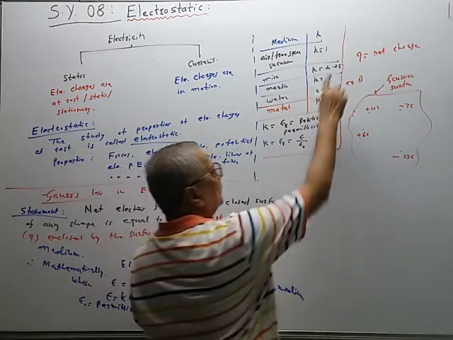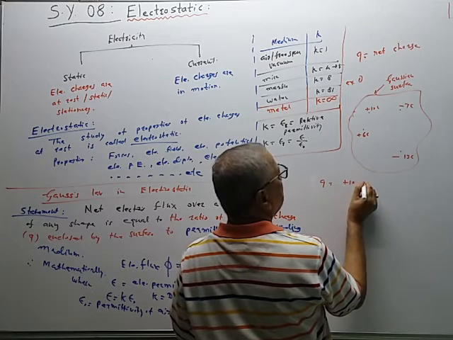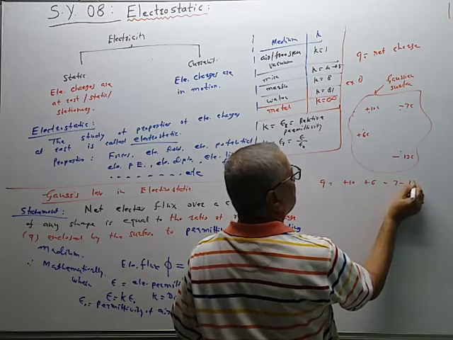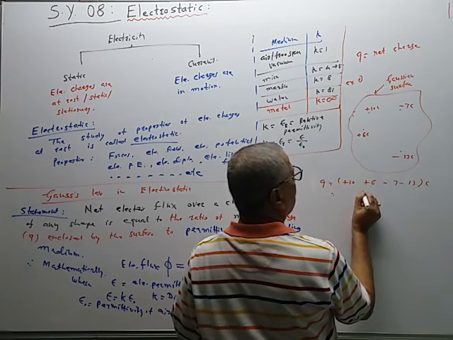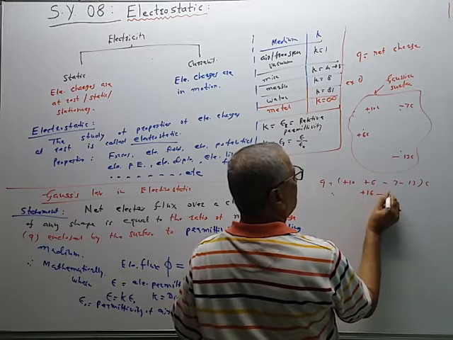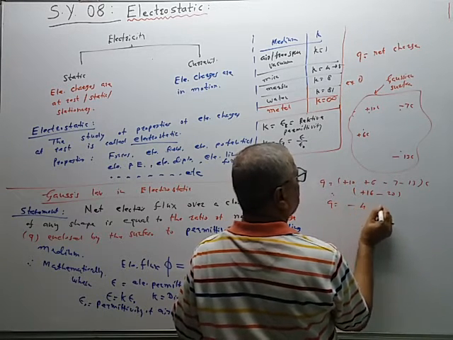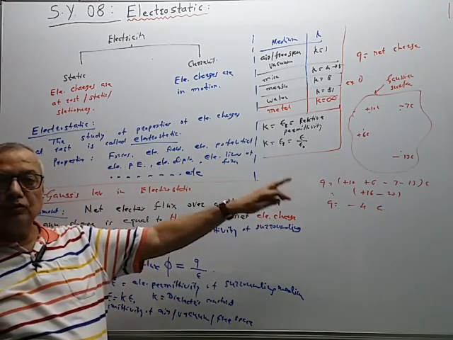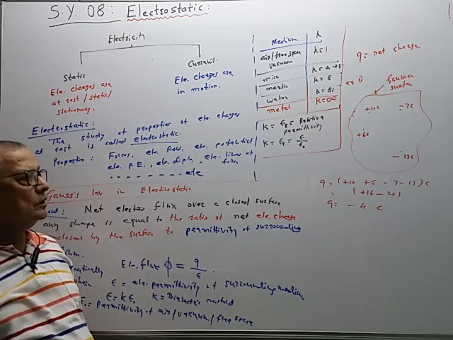So Q is equal to plus 10 plus 6 minus 7 minus 13 coulomb, which is plus 16 minus 20. So Q is equal to minus 4 coulomb.